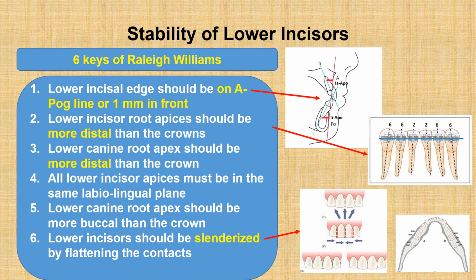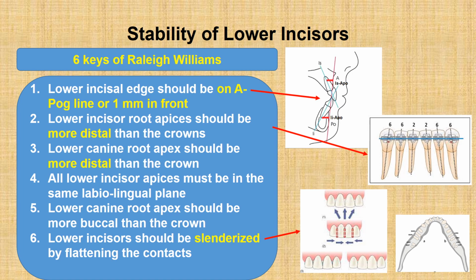Raleigh Williams mentioned 6 keys or 6 features to ensure the stability of the lower incisors. The first he mentioned was that the lower incisal edge should lie on the APo line or about 1 millimeter in front of it. Number 2, the lower incisor root apices should be more distal compared to the crown.